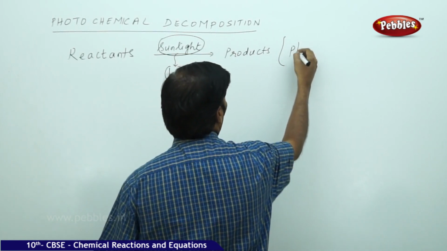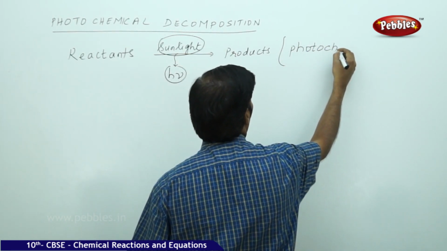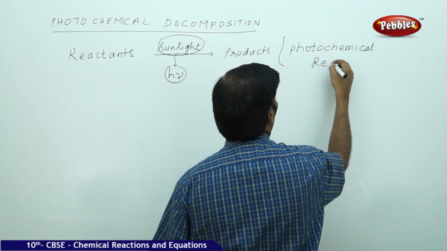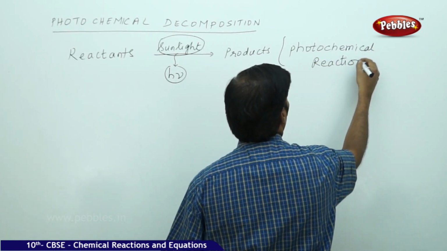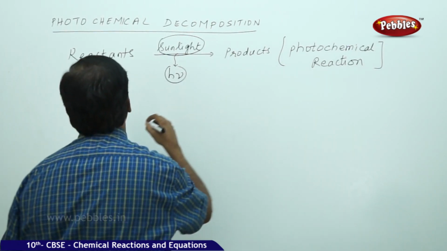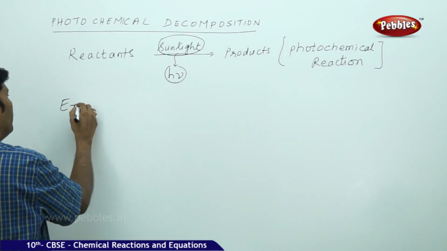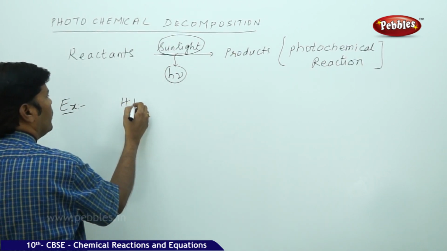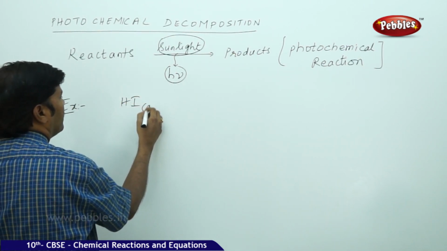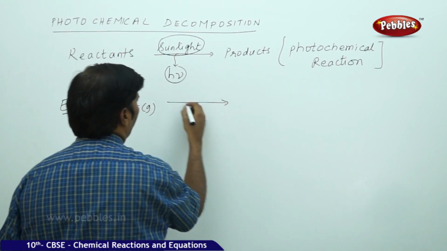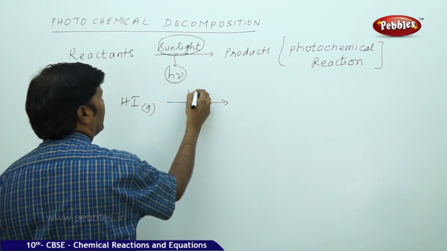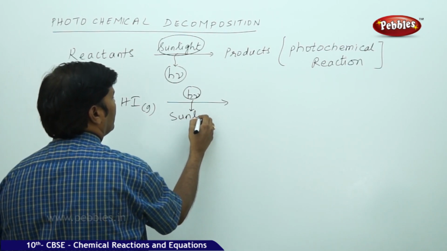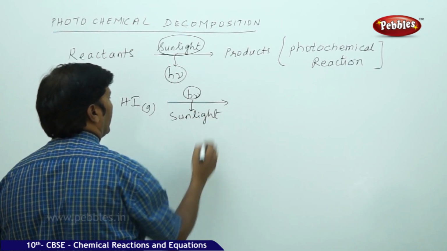This is a photochemical reaction. Let us take some examples of photochemical reactions. The best example is the decomposition of hydrogen iodide gas in the presence of sunlight, that is h mu, sunlight acting as a catalyst.